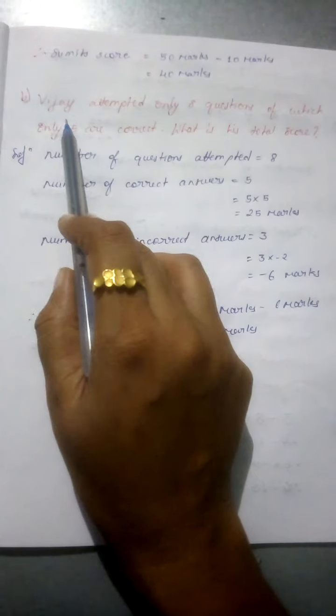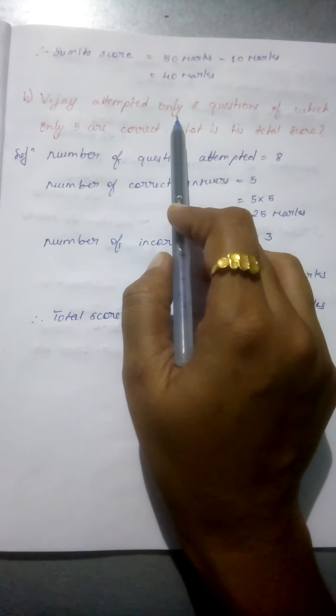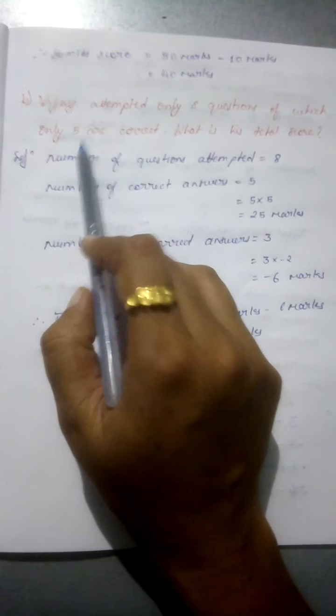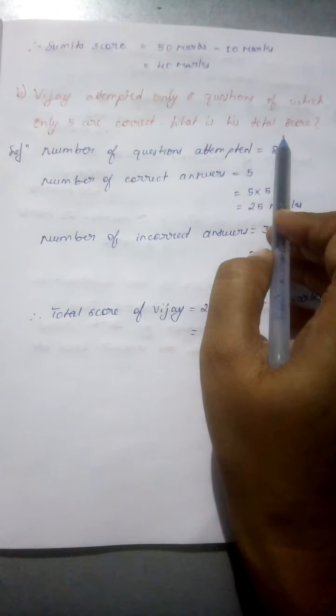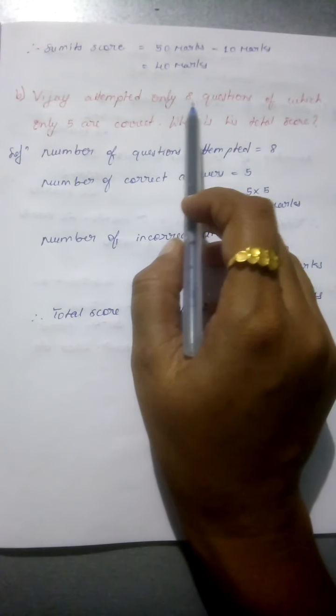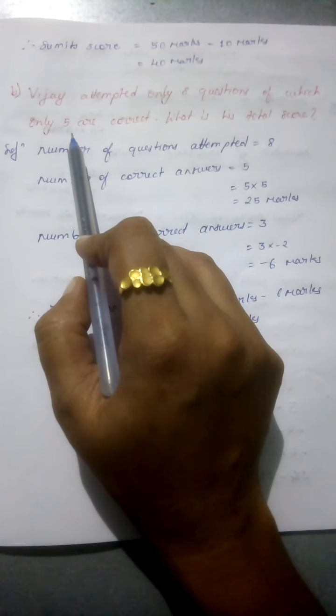Then question B: Vijay attempted only 8 questions of which only 5 are correct. What is his total score? Vijay attempted a total of 8 questions, and from those 8, only 5 are correct.